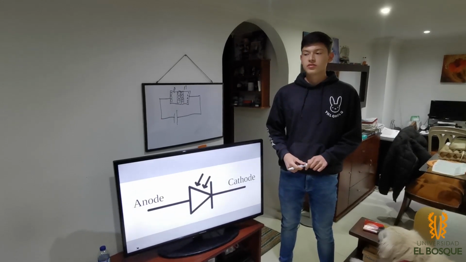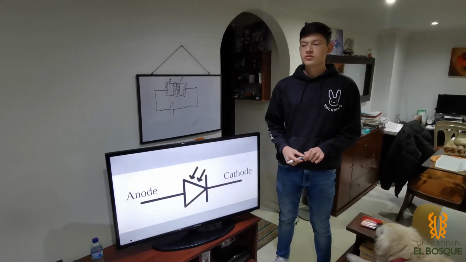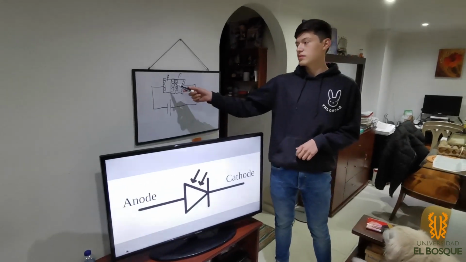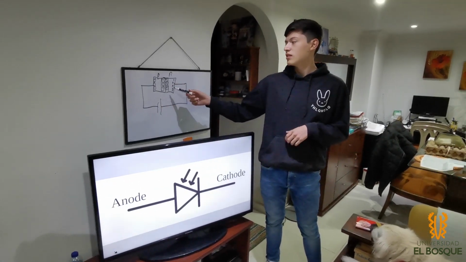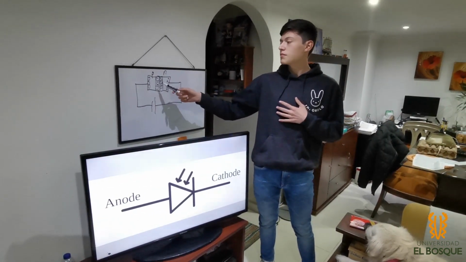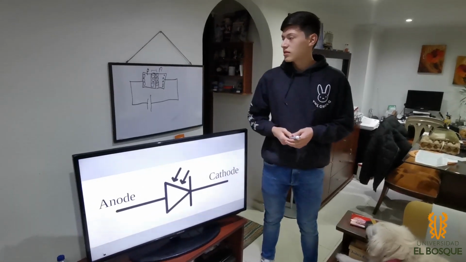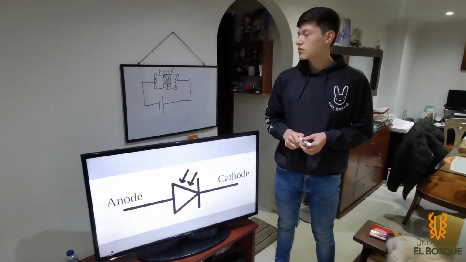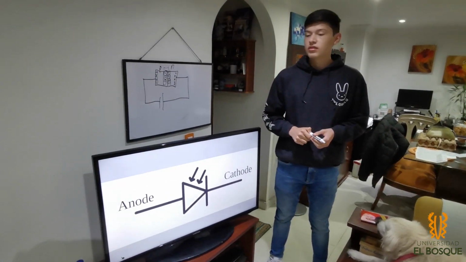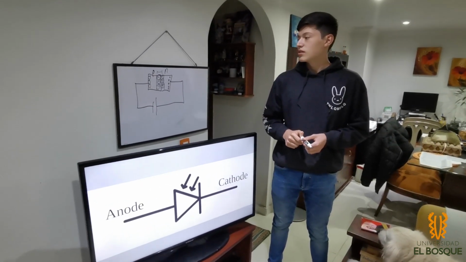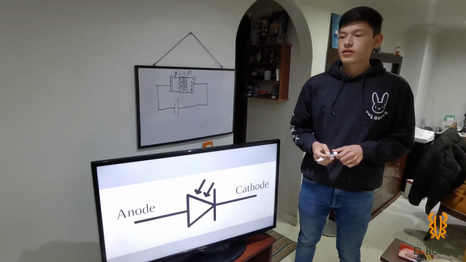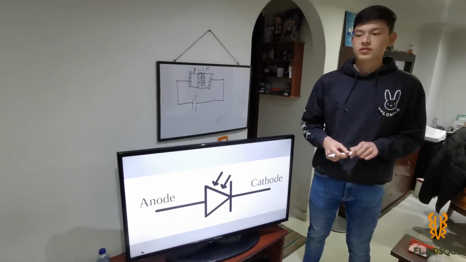Before we shine light on it, we should know that a PN junction contains holes on the P side and electrons on the N side, and between them, the depletion region that acts like a barrier so the holes and the electrons don't diffuse into each other.